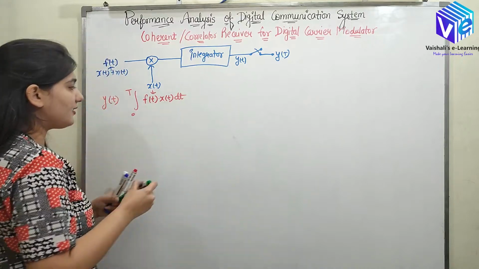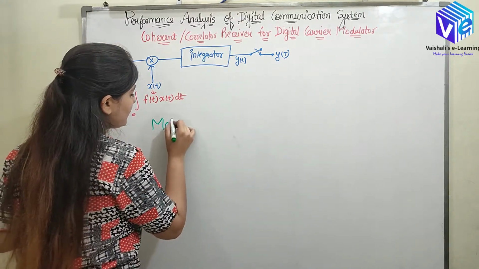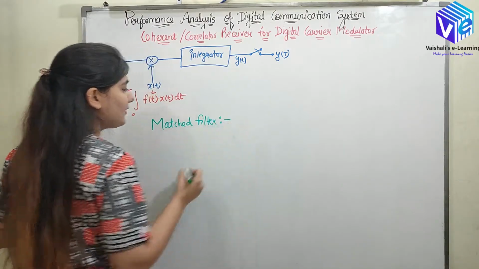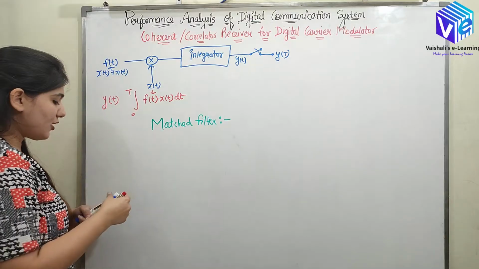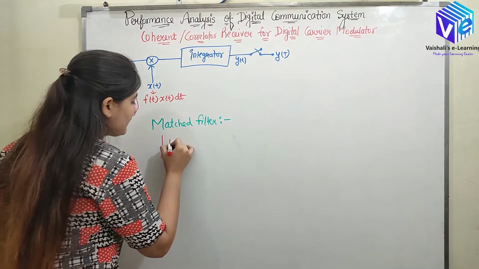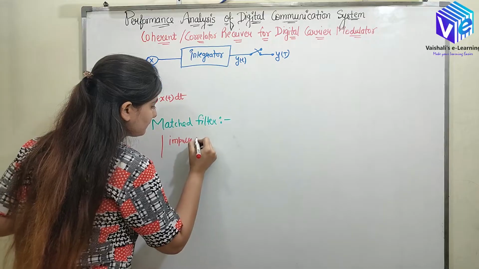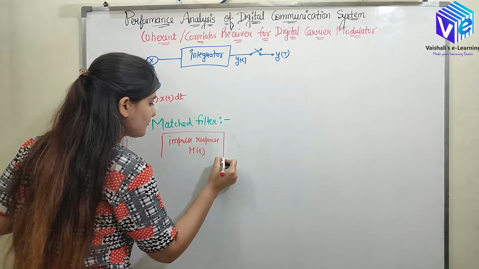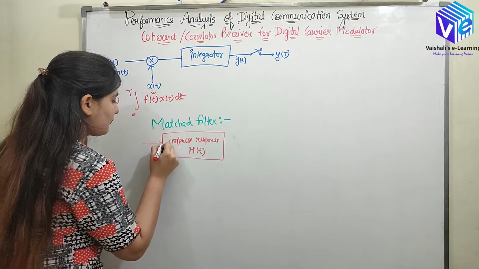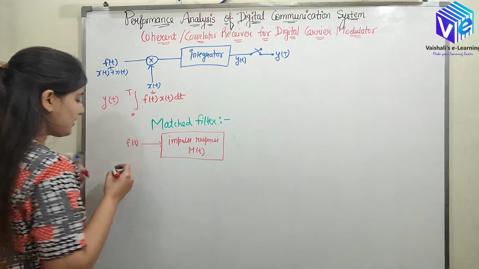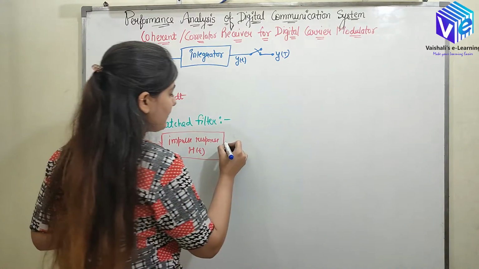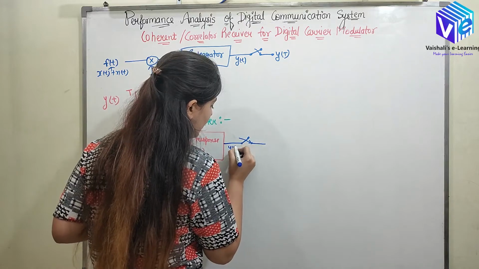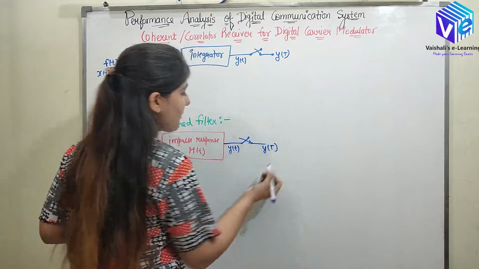Now if I relate it with the matched filter, I have already discussed the matched filter in my previous video, so you can go and recall it from there. The matched filter had an impulse response h(t). Here also the input was f(t), and at the output we have the sampler. So here we get y(t) and here I'll get the sampled output.